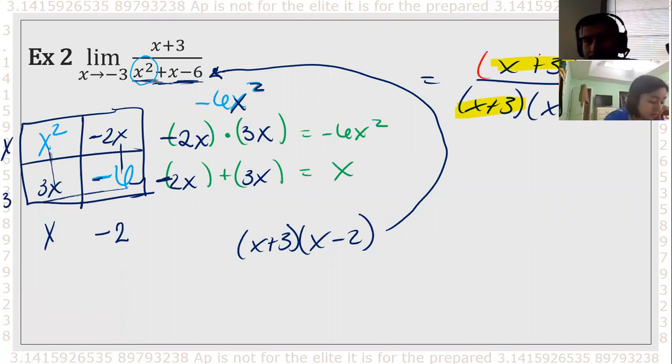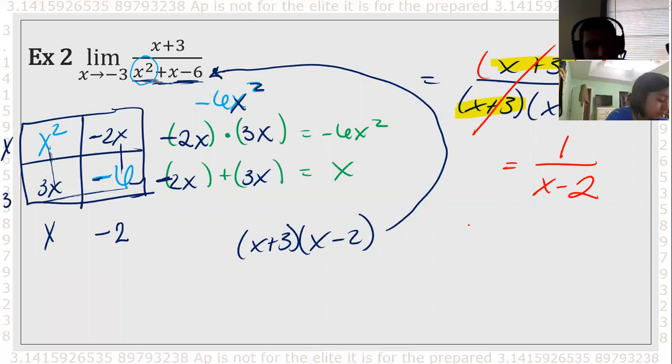They cancel, so you can cross them out. It cancels to 1. So I'm left with 1 on top over x minus 2. As x goes to -3, I should have 1 over -3 minus 2.